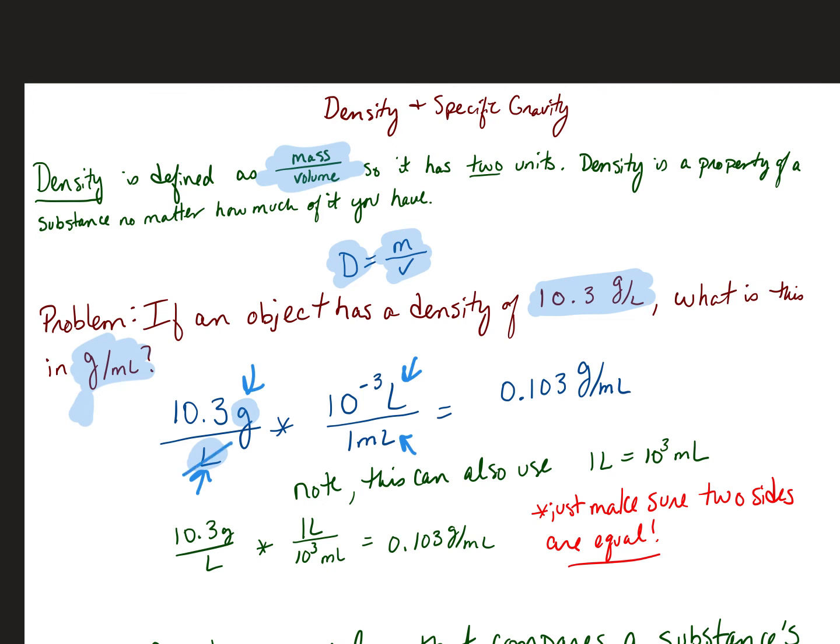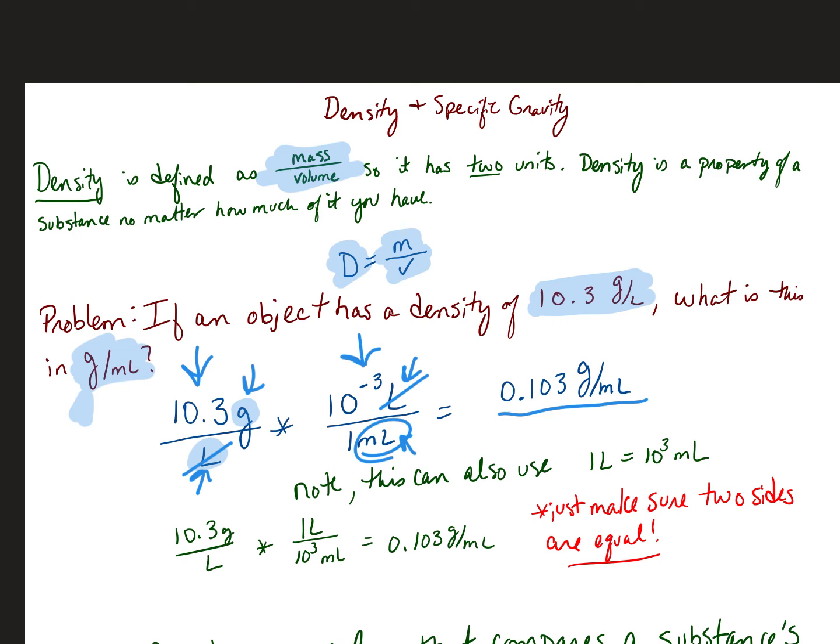Because liters cancel out in this case, we convert that to milliliters. So that would be 0.103 grams per milliliter. I do have that in the correct number of significant figures because we have 3 here. And our conversion factor is exact, so we don't need to worry about it.